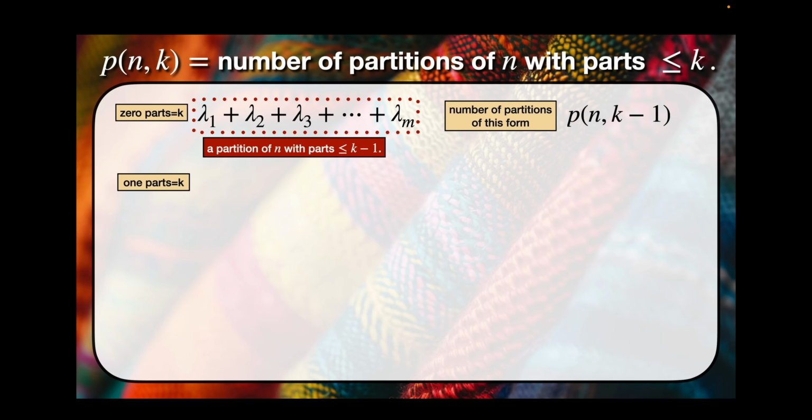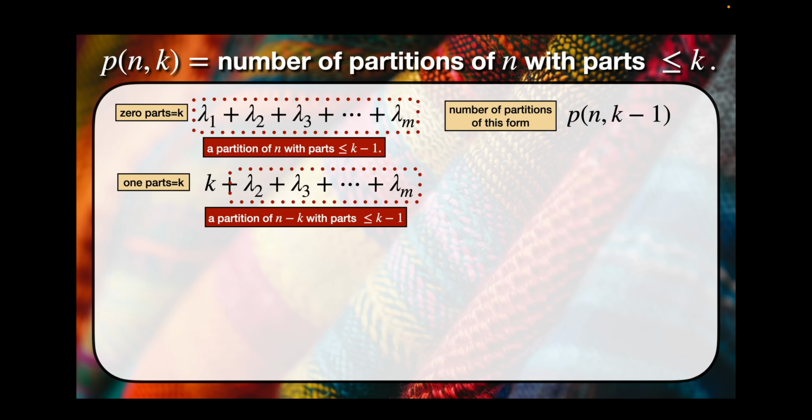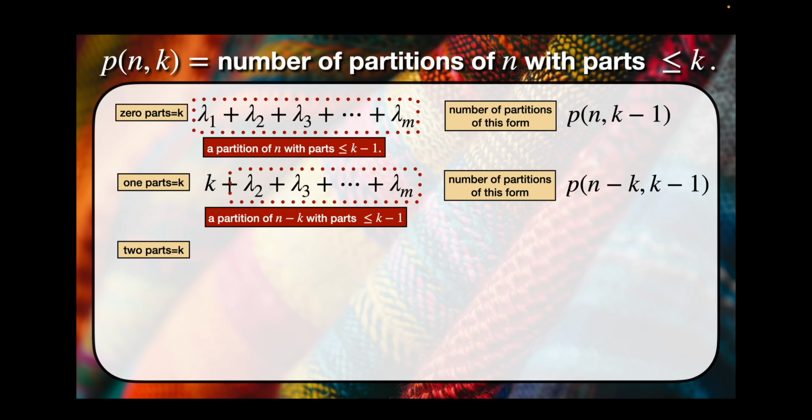And now if we look at the partitions where 1 part is equal to k, this would look like k plus lambda 2 plus lambda 3 all the way up to lambda m. And then the tail of this is simply a partition of n minus k whose parts are less than or equal to k minus 1. And we can easily count up the number of partitions of this form as well. There are p of n minus k, comma k minus 1. Now we can keep going. So just to do one more explicitly, if you have two parts equal to k, that would be k plus k plus lambda 3 all the way up to lambda m.